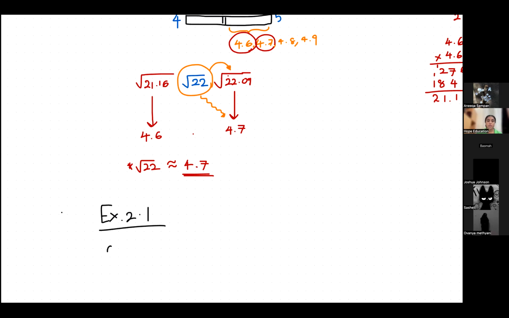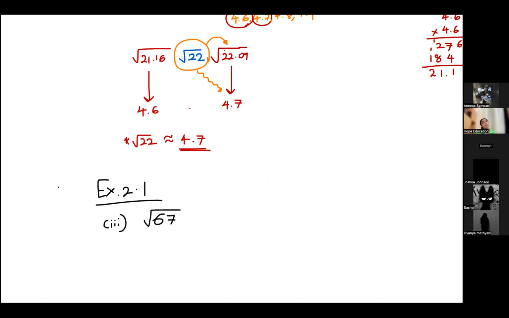In exercise 2.1, the third Roman number. You have to find the first approximation of root of 67. Try that. Make it fast.